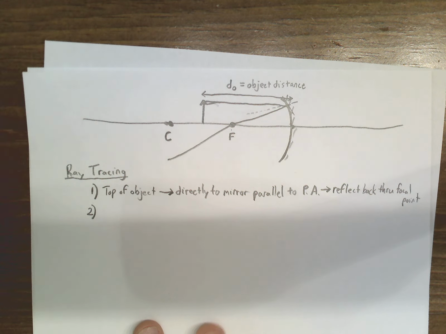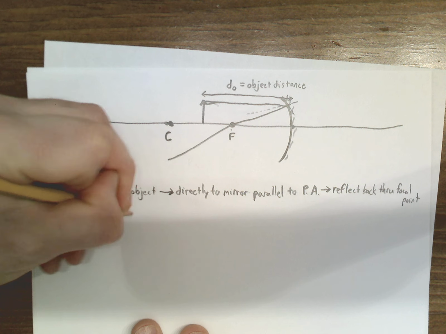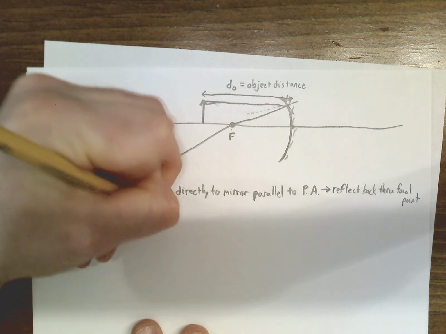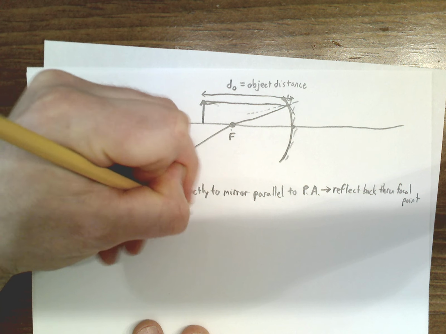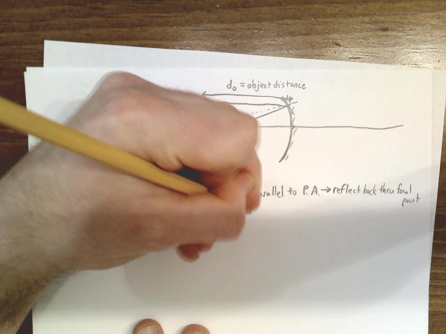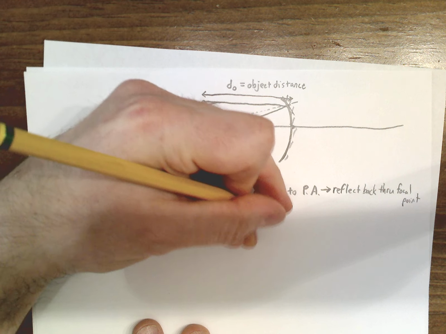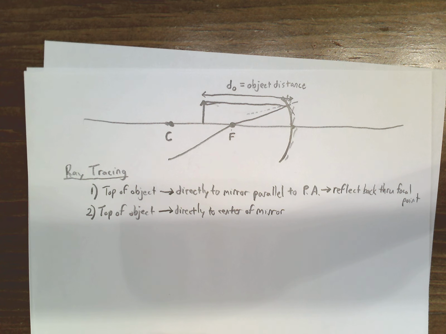Ray 2. This one is going to go from the top of the object. We're going to go directly to the center of the mirror. And then we're going to bounce off at the same angle. At the center of the mirror, the normal line is the principal axis.